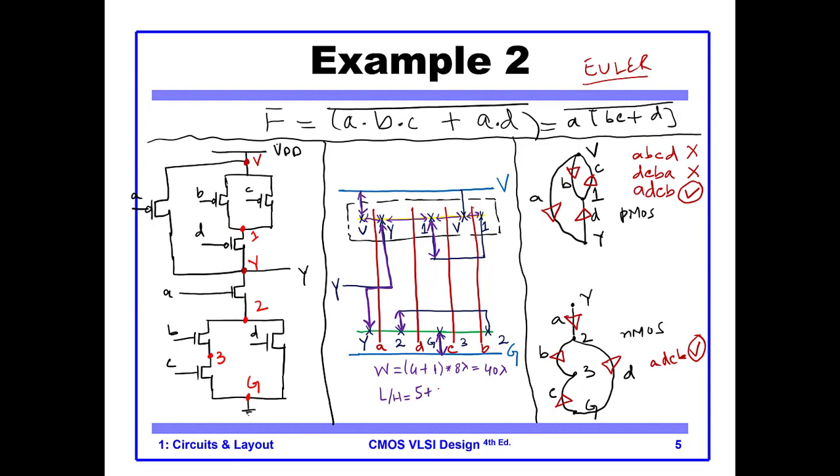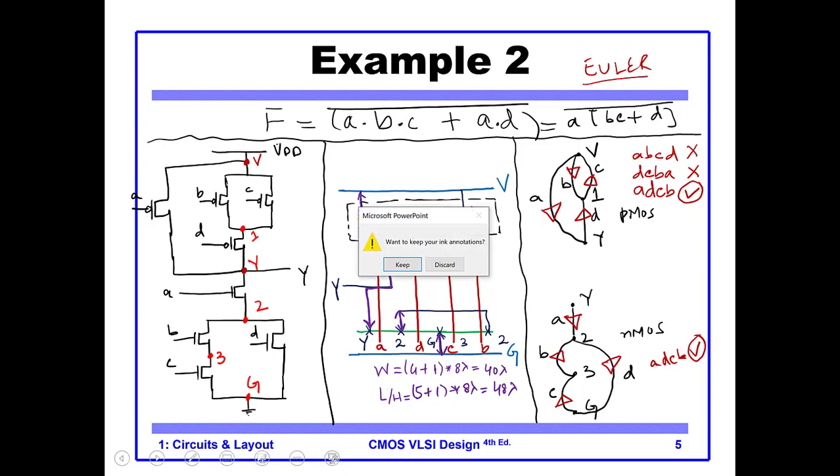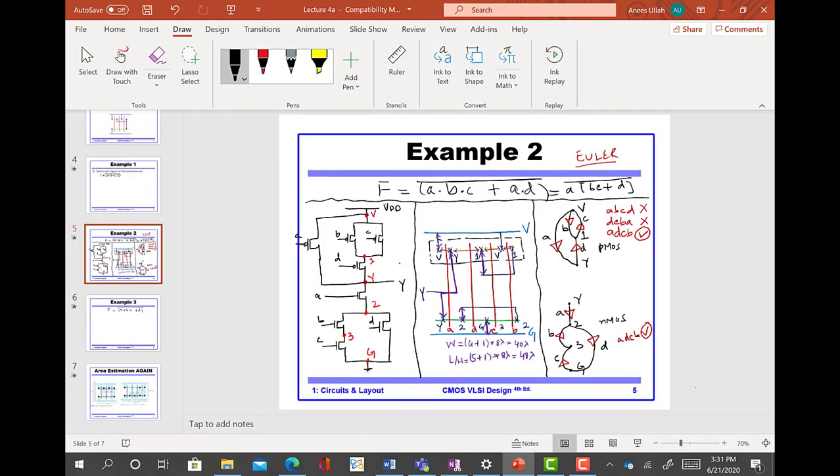So 5 and 1 extra times 8 lambda, so this is 48 lambda. The output is considered one line. So we have the second example, and I hope that you understand all the details in this one. Let's stop it here for the second example.